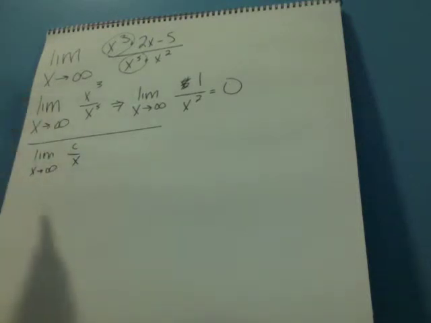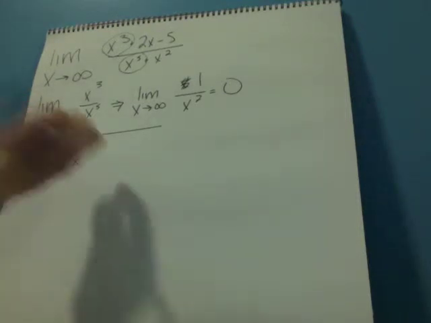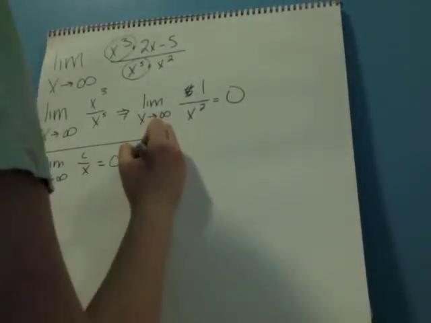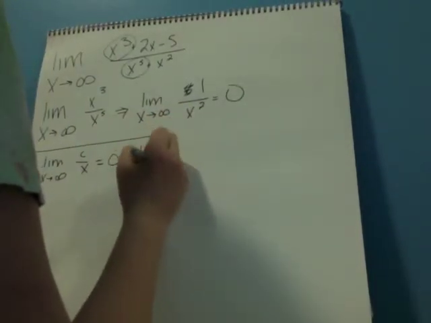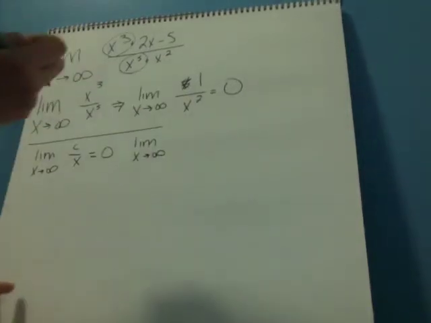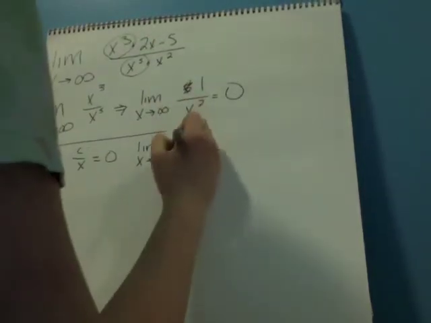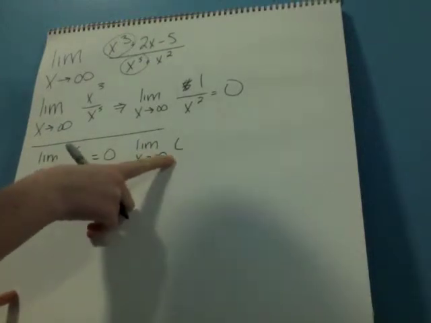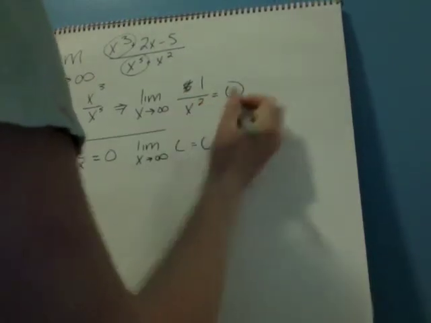So if the limit of x to infinity is c over x, your answer is always 0. If the limit of x to infinity is c, that again means a constant, so that could be any number, your answer is c.